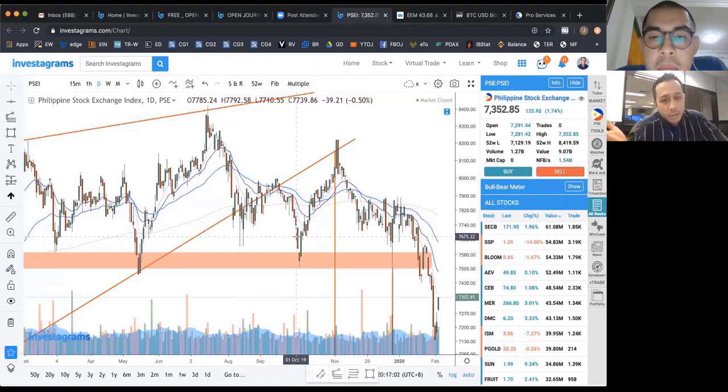Across all index issues, maybe with the exception for AGI, you still don't have any evidence of any bullish divergence, at least a meaningful one, a class A one, or even a reversal pattern.